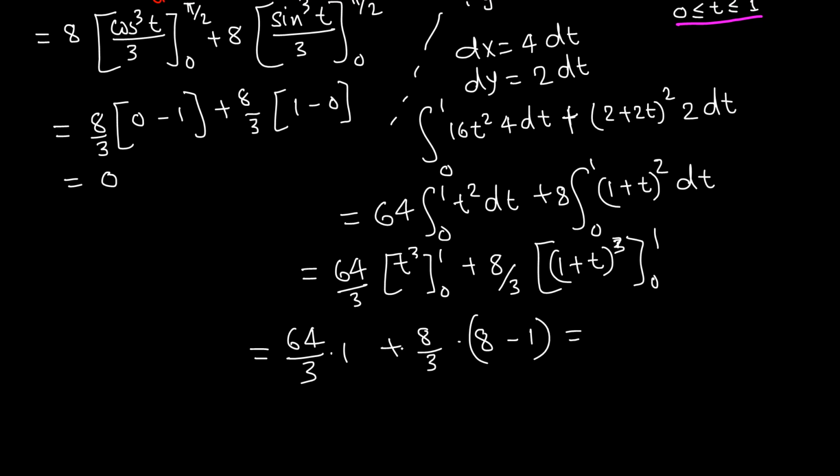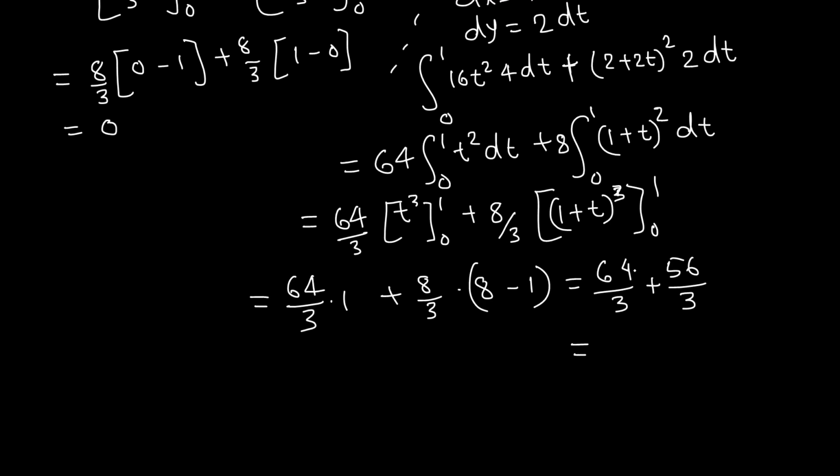So this is 64 thirds plus 8 minus 1, which is 7. 8 times 7 is 56 thirds. Adding them, 64 plus 56 is 120 thirds, which is 40.